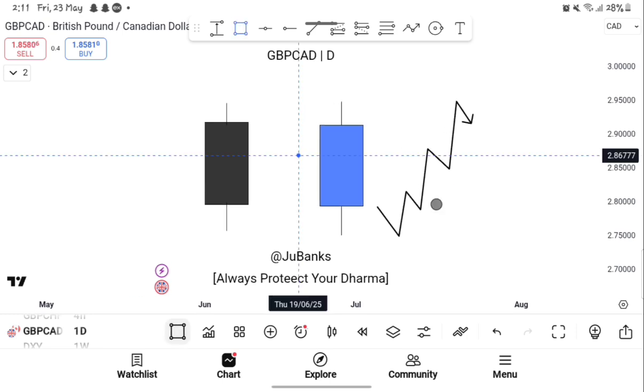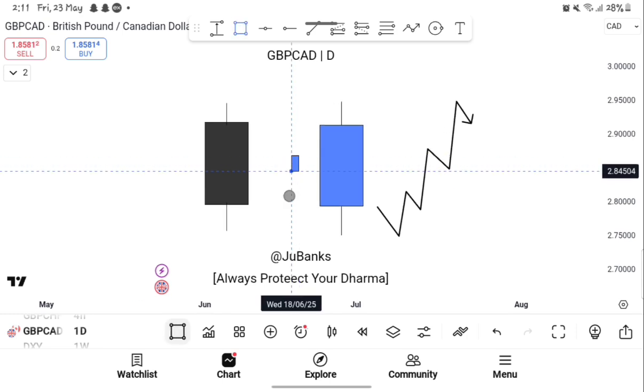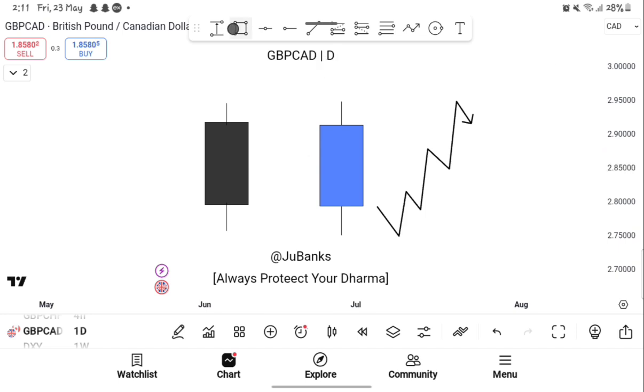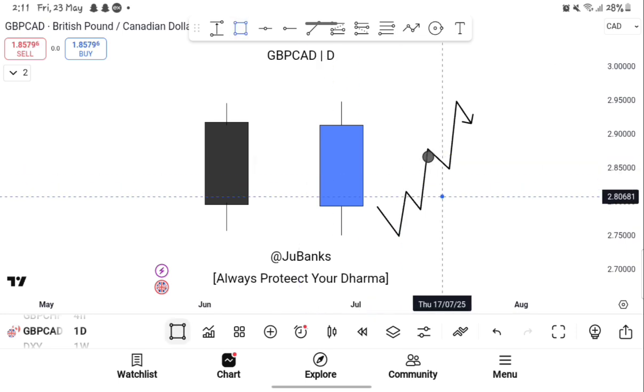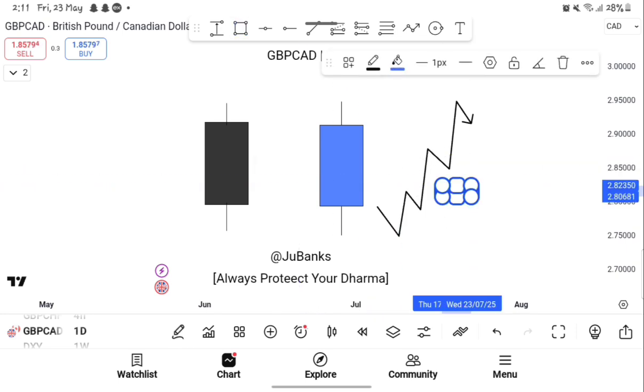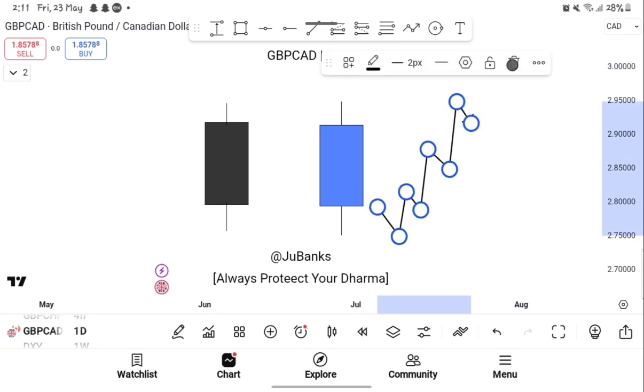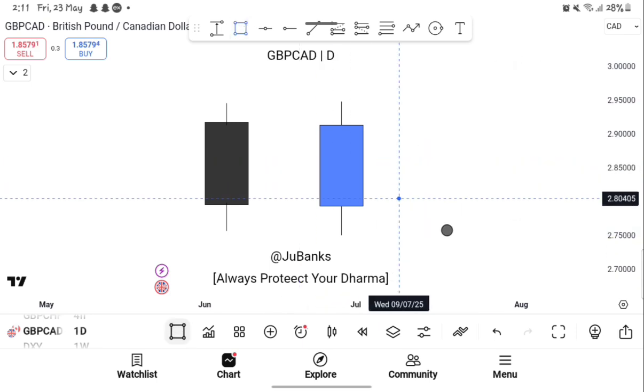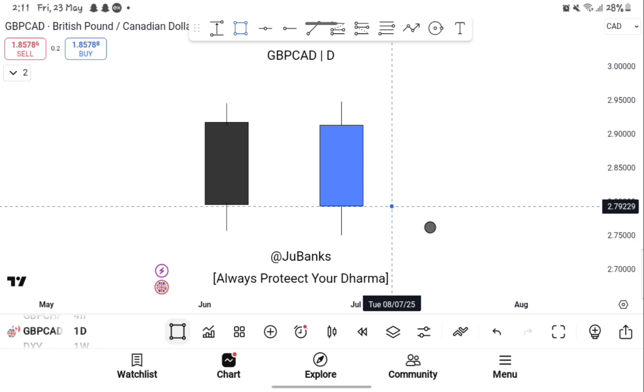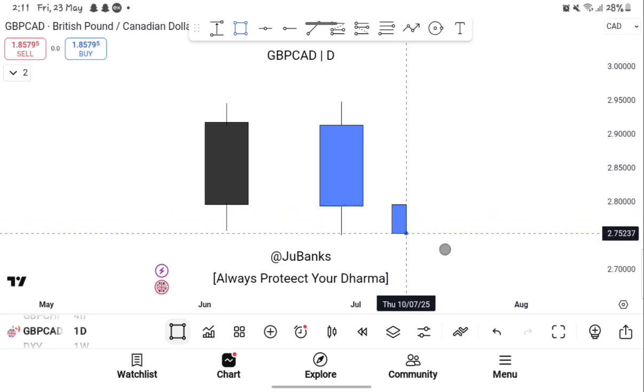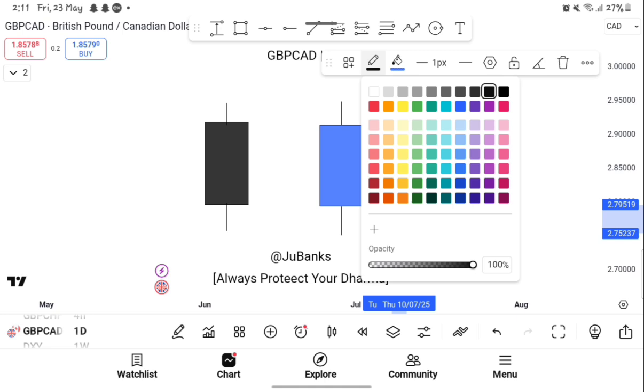Because of time, I don't know if I will be able to draw them in full, but let's see if I can try. So let's get rid of this first. What I mean is that on a lower time frame, say the 4 hour and an hour, what you'll be seeing is that the market opened right here, dipped down to this, making a bearish move.